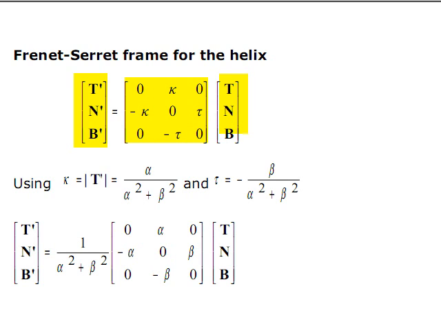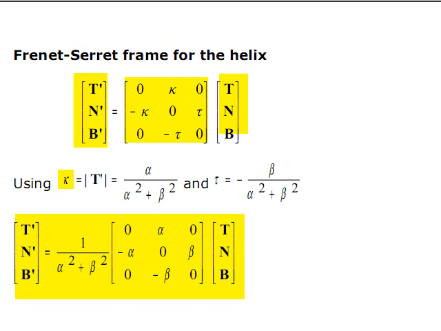So in this case, for the helix, the curvature is alpha over alpha squared plus beta squared, and the torsion is minus beta over alpha squared plus beta squared. So of course we can factor out the denominators, and here is the Frenet-Serret frame for the helix.